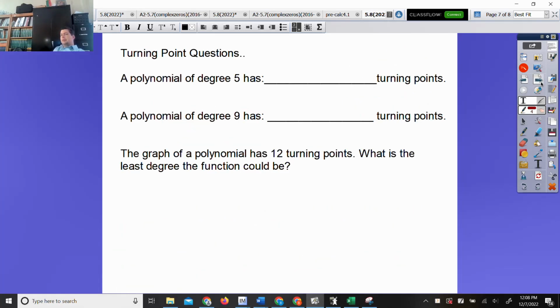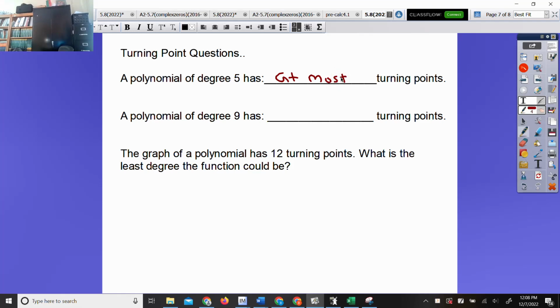A polynomial of degree 5 has blank turning points. At most. The theorem is at most. That's what I wrote, isn't it? X to the n has at most n minus 1. The theorem is at most. It might have 3. It might have 2.